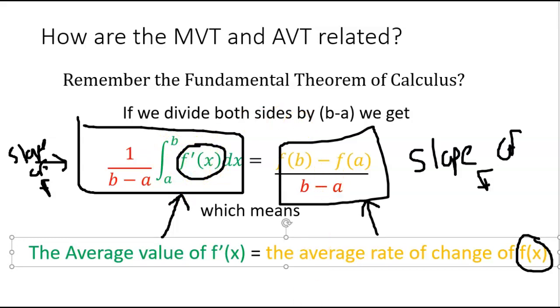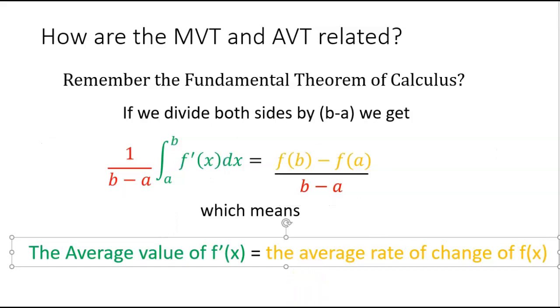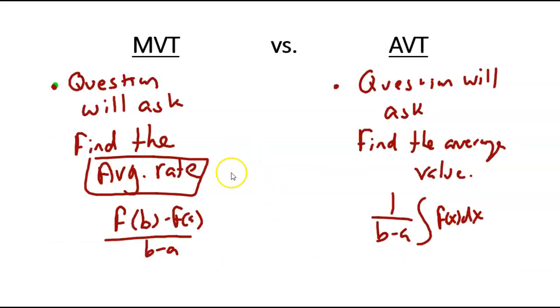So it's kind of interesting, and that will come in handy also on a homework question. As you might have recalled earlier, I shared with you the ways that the question could be asked. I said one question will ask find the average rate, and this one will say find the average value. But technically then, if you're asking find the average rate of f, let's extend that a little bit.